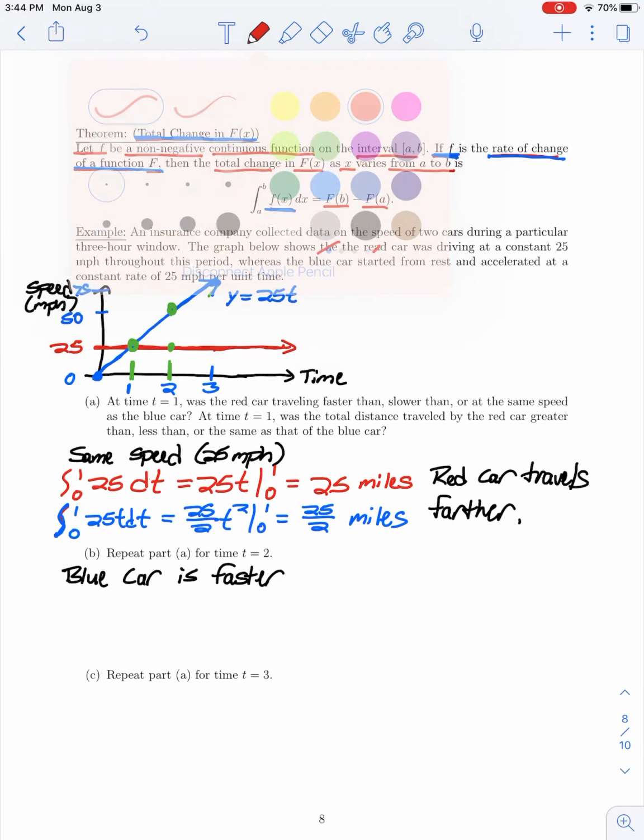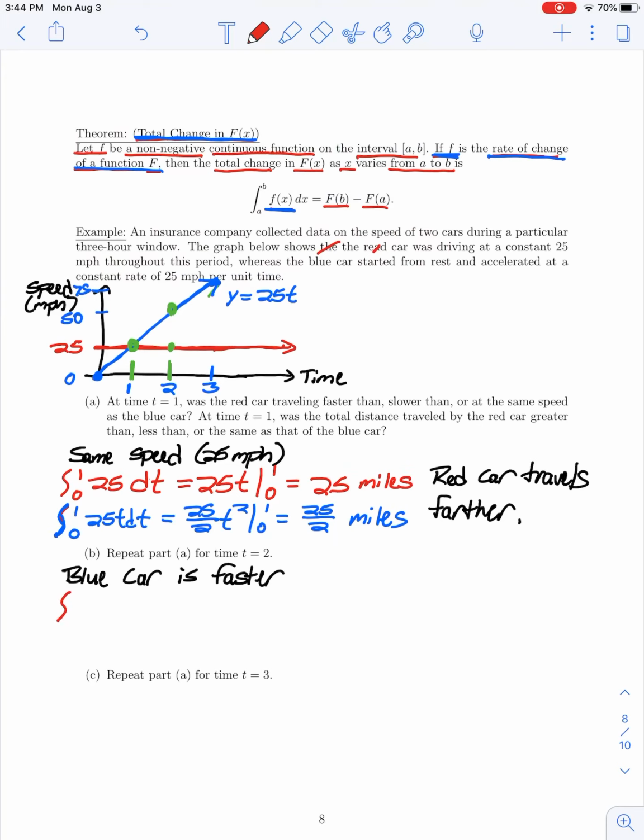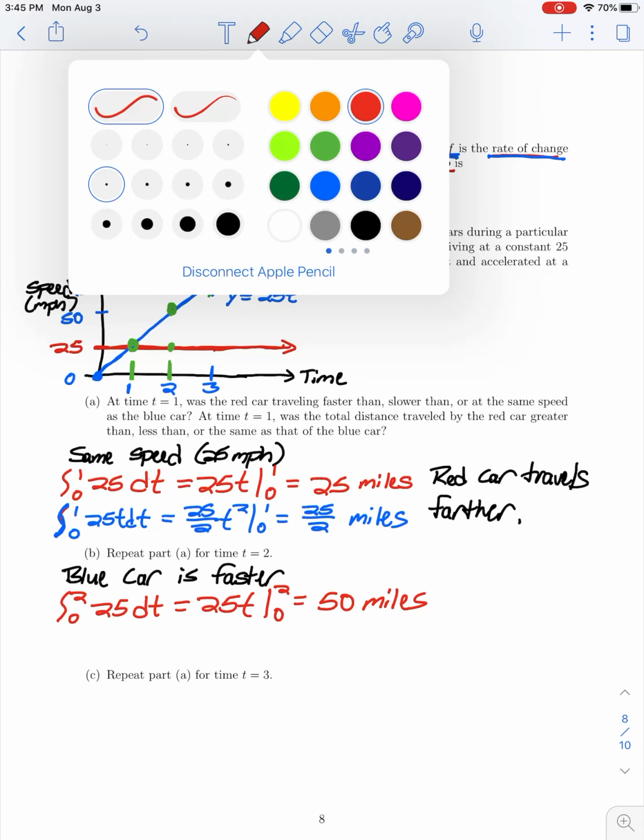And the total distance traveled by the red car after 2 seconds would be given by the integral from 0 to 2 of the constant 25 dt. So we have 25t for our antiderivative. Evaluating from 0 to 2, we would have 25 times 2 is 50 minus 0, so 50 miles.